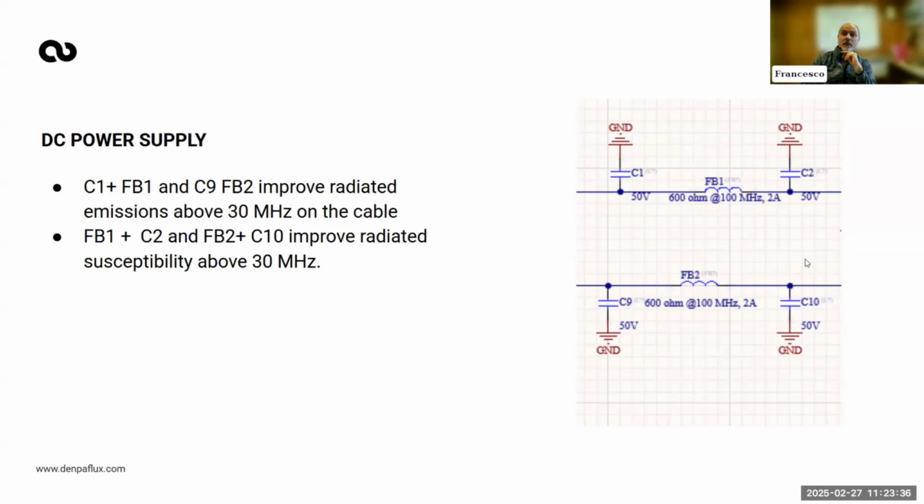So to minimize the emission of your cable, usually what you can do is use a ferrite and a capacitor on every line.